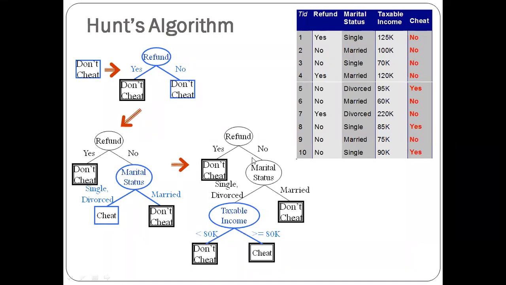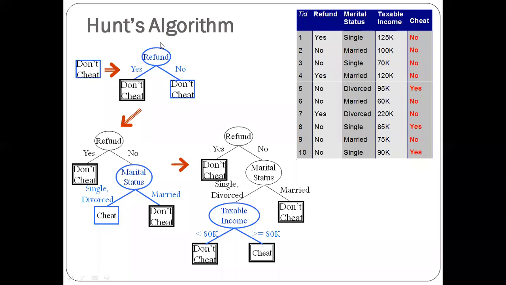In the same way, for the people who have not done the refund, whose marital status is single and divorced, and whose taxable income is greater than or equal to 80K, they have cheated the bank. So the class label assigned is cheat here. This is the final decision tree that we have constructed from the training records.